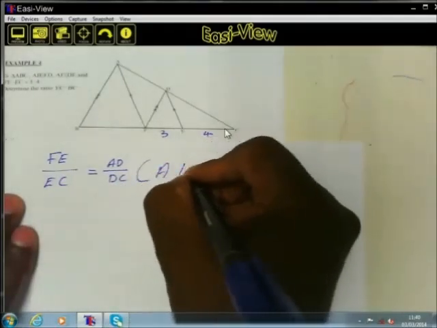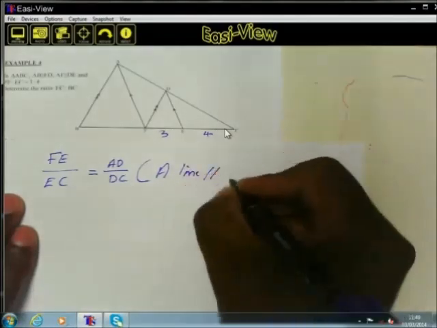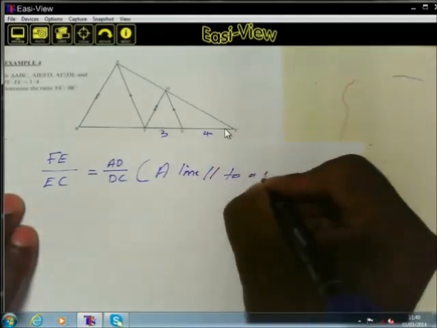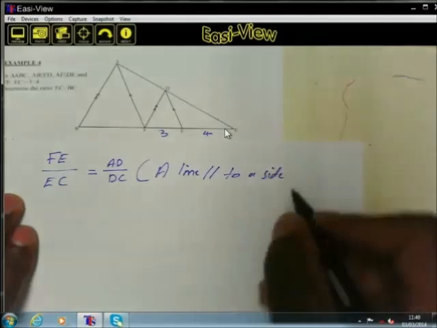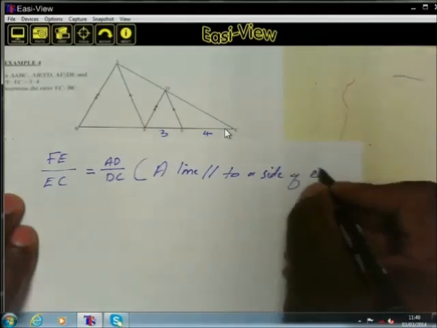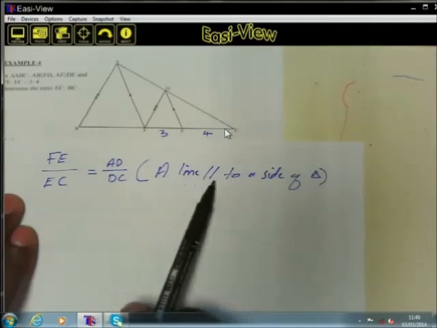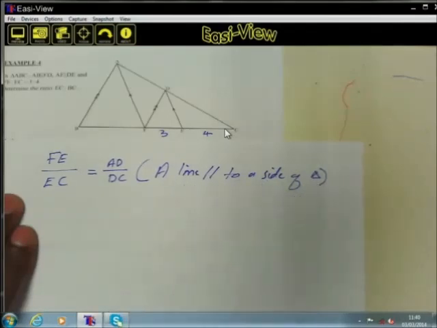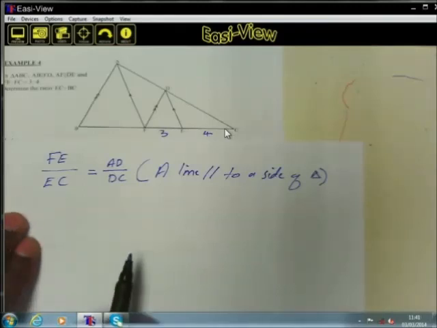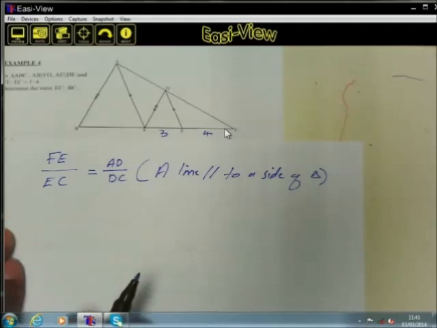The reason is: a line parallel to a side of a triangle. We know that a line drawn parallel to a side of a triangle cuts the other two sides so as to divide them in the same proportion. It's because of that theorem that we have just proven, and now we are applying it here.